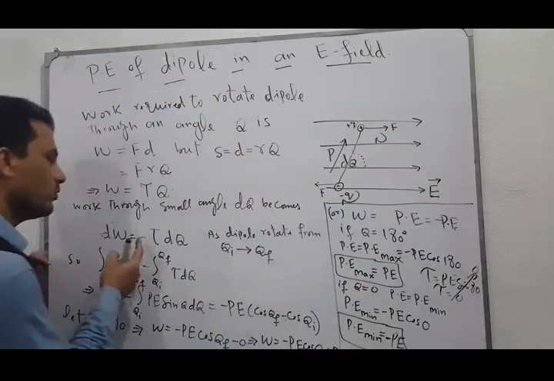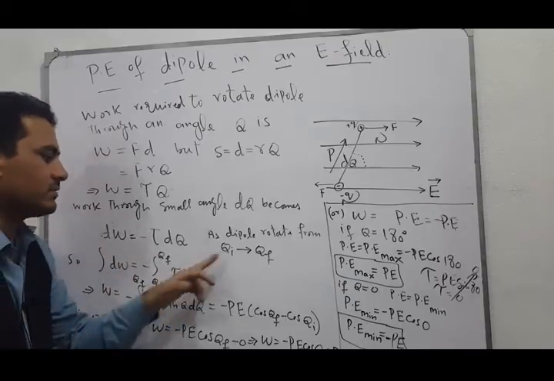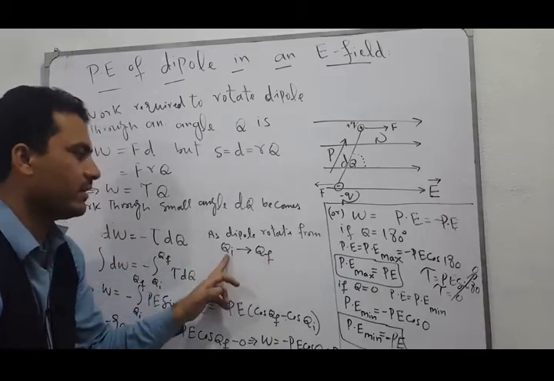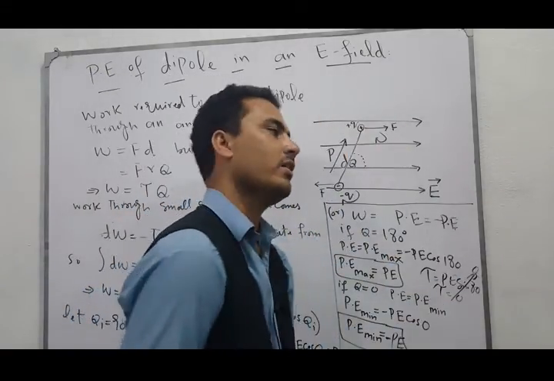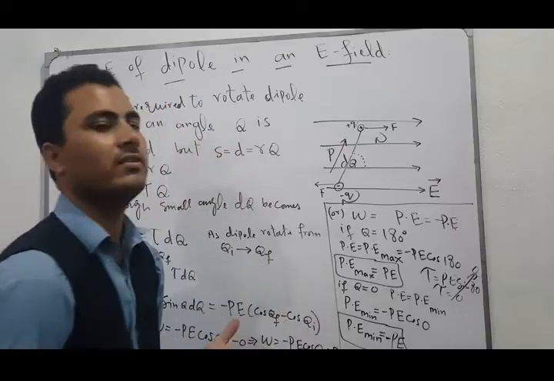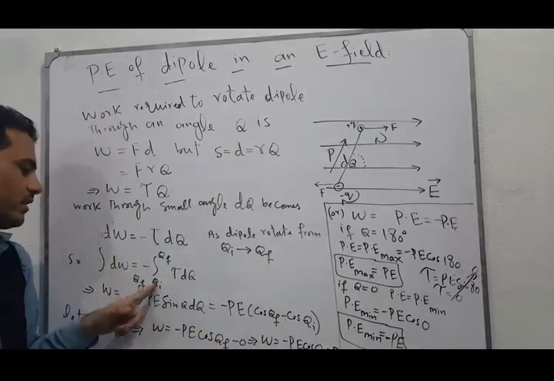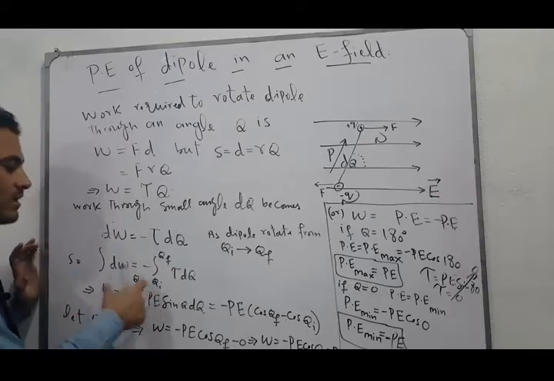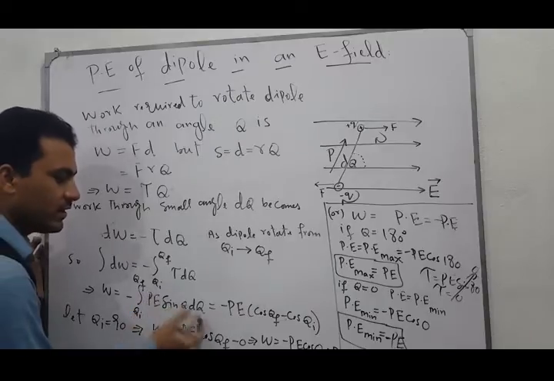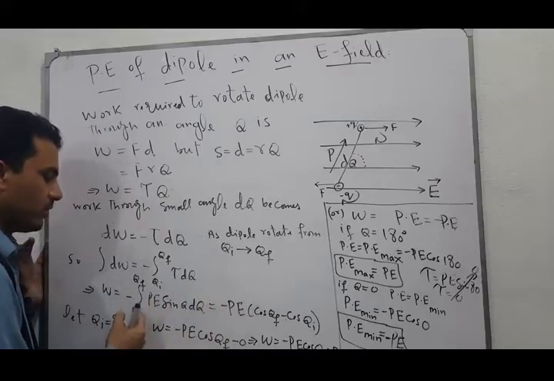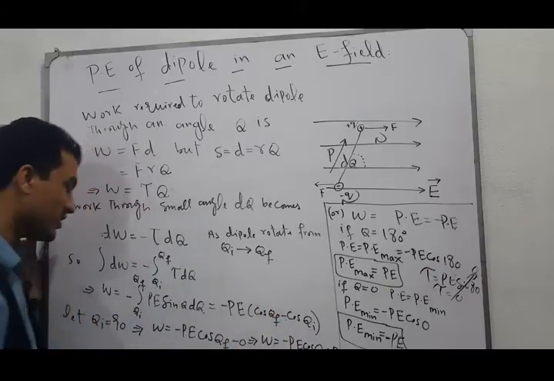That's why we also included the negative sign here. Now by putting the limits, theta i representing the initial position of this dipole and theta f representing the final position of this dipole as a result of the small amount of work done, and by integrating both sides and solving this equation, we know that the integral of sin theta is minus cos theta, and by putting these limits we get cos theta f minus cos theta i. So this is our final equation.